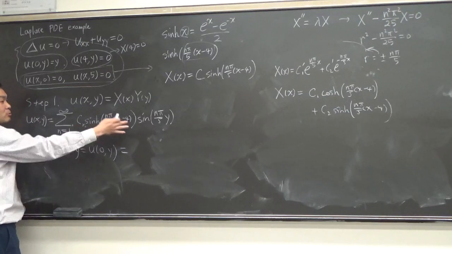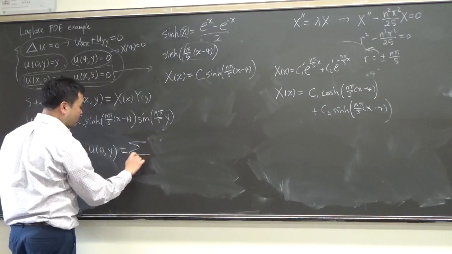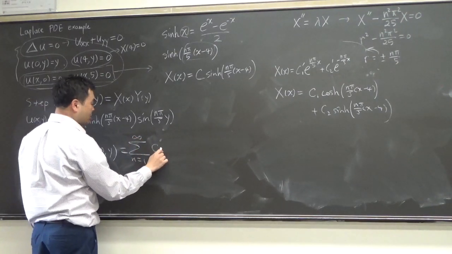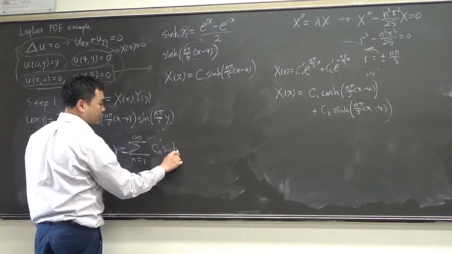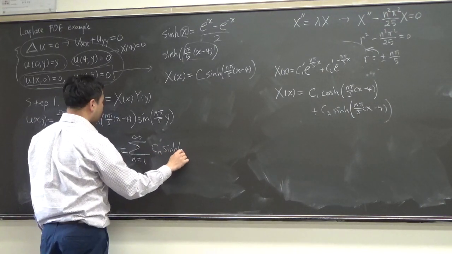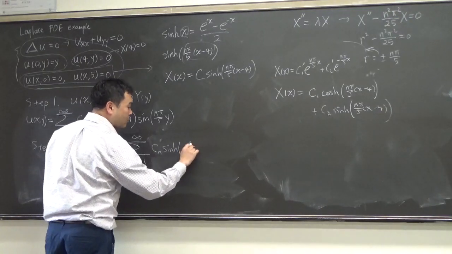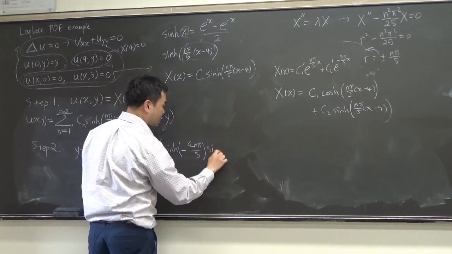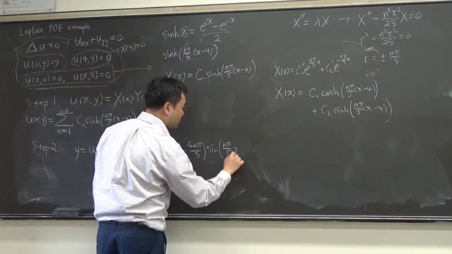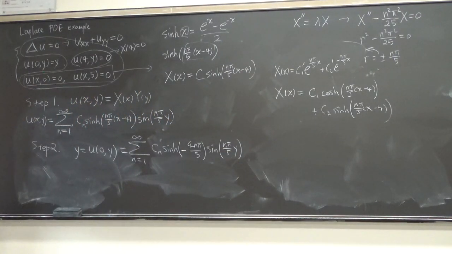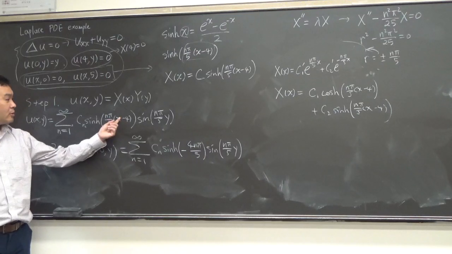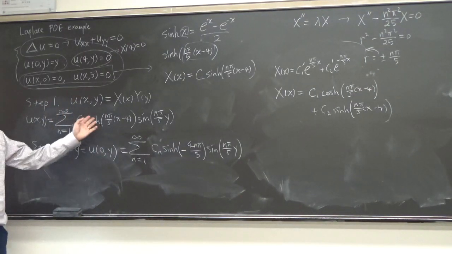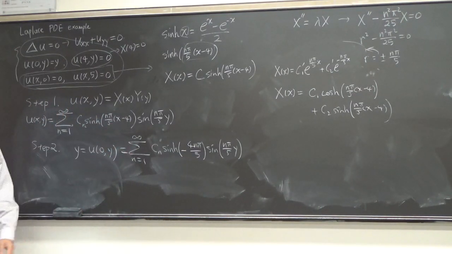But then if you plug in 0 over here, you get the summation n equals 1 through infinity of cn sine hyperbolic of negative 4 n pi over 5 times sine of n pi over 5 y. Okay, so if I plug in 0 here, that goes away, and negative 4 times n pi over 5 will be negative 4 n pi over 5. And I didn't change anything else, that's what you get.